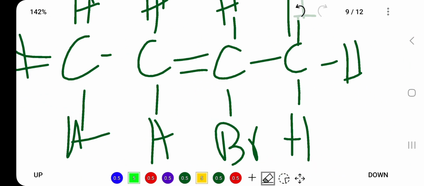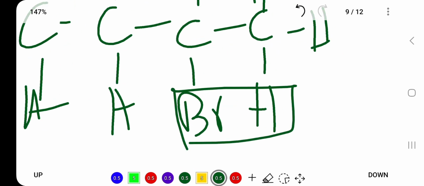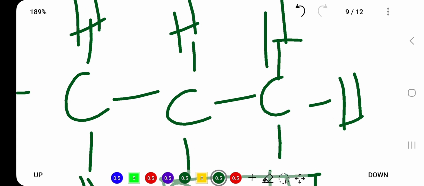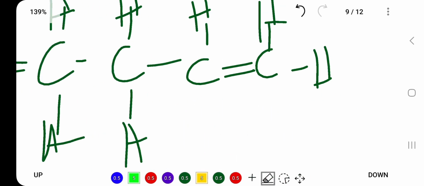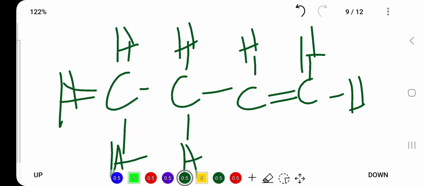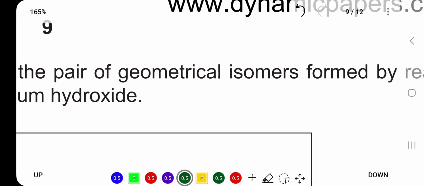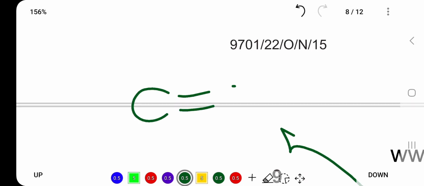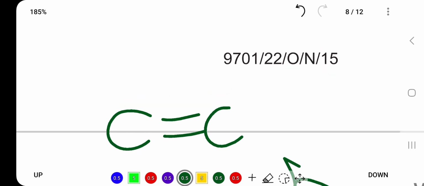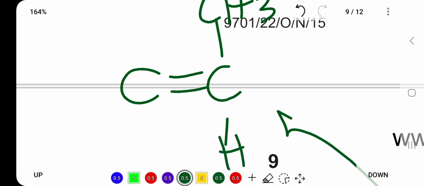But if you instead remove the Br with the other hydrogen, the double bond will be here, right? So this type of molecule will not form a geometrical isomer, because geometrical isomers need a C double bond. For example, let me give you an example. CH3.